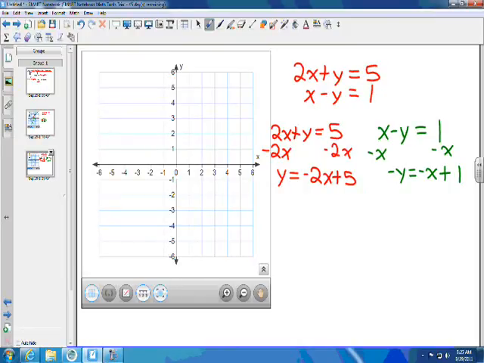Change all the signs. So at this point, if you don't show that step, I'm not too worried about it. You just know that all those signs are going to change. Multiplying or dividing by a negative is the step you use to do that. But at this level, most of us know that, so we change all the signs so that our y is now positive. It's about the only time in math where you can just change things and make them where you want.